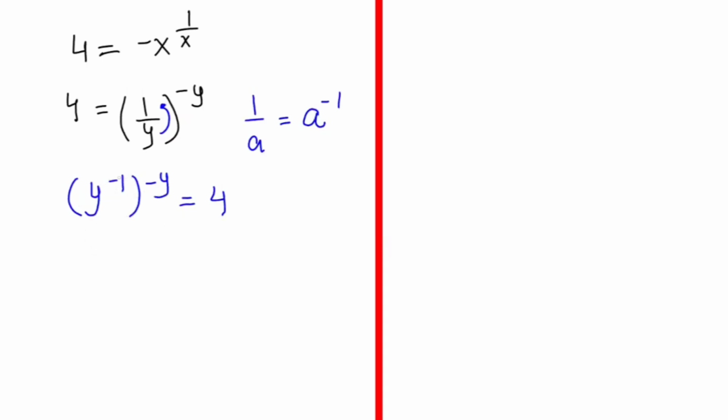So minus minus is plus, so y to the power of y is equal to 4. This we're going to write in the form of a power, 2 to the power of 2. Now I will apply the exponential rule: a to the power of a is equal to b to the power of b implies a is equal to b. So here y is equal to 2.